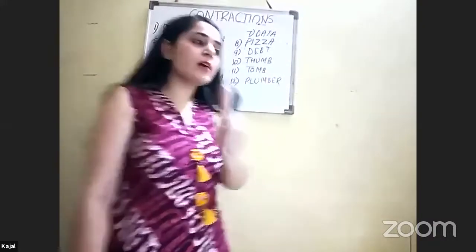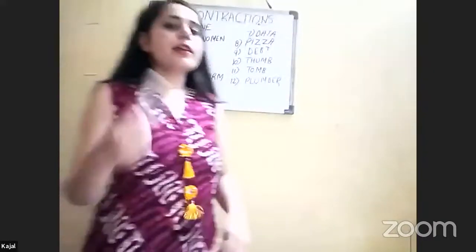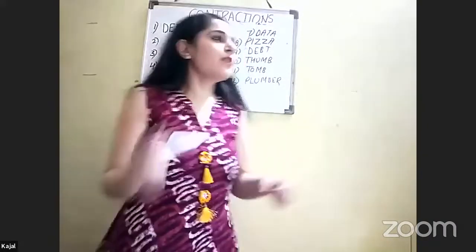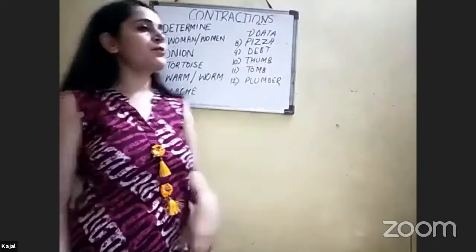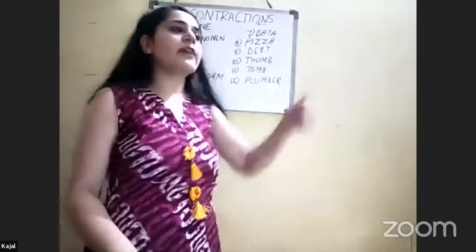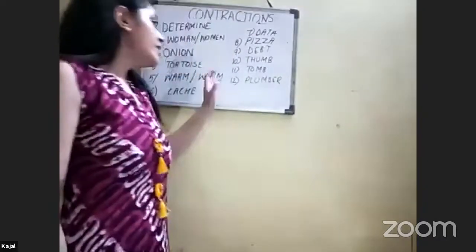It is our thumb. Next is TOMB. It is not tom. It is tomb. First thing, O is pronounced as the longer U, tomb, and the B again is silent. Tomb.